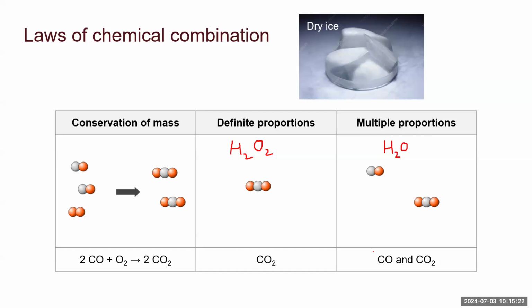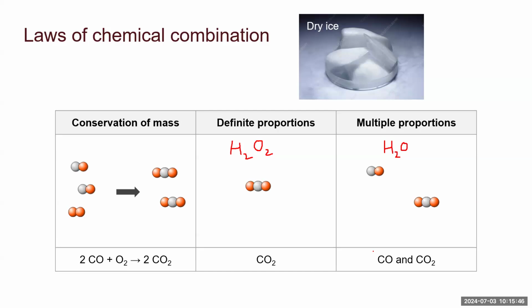Multiple proportions is really reflecting on the fact that you can reassemble and rearrange different atoms with one another to make different compounds. H2O is an oxygen and hydrogen containing compound. H2O2, hydrogen peroxide, is also an oxygen and hydrogen containing compound. They are different from one another.